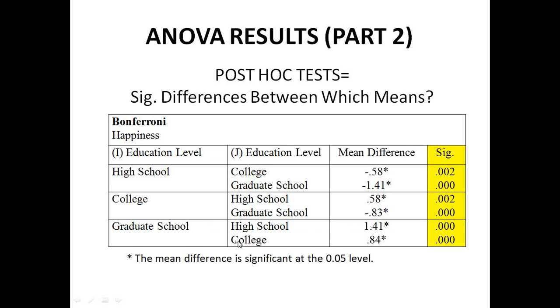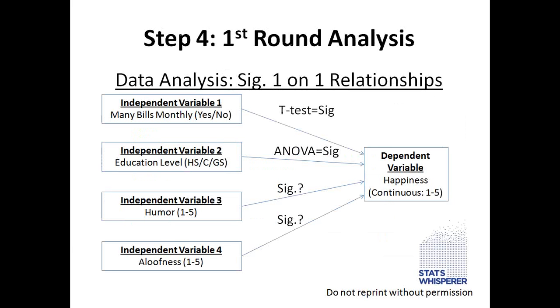Graduate school in reference to college is 0.84 higher. So they're higher than everyone else. High school is lower than everyone else, and college is significantly higher than high school, but significantly lower than graduate school. So that's the results of our ANOVA.